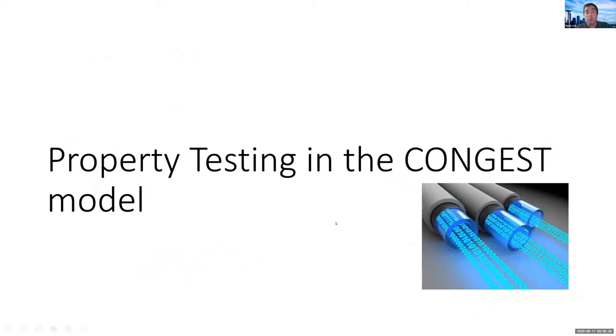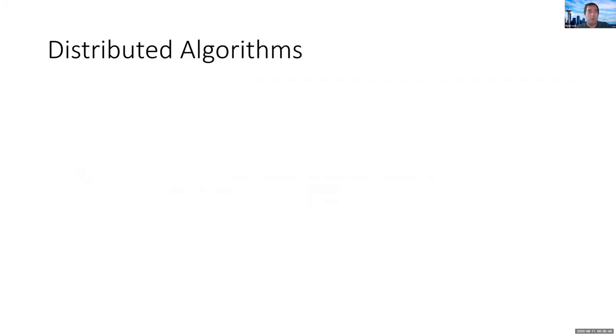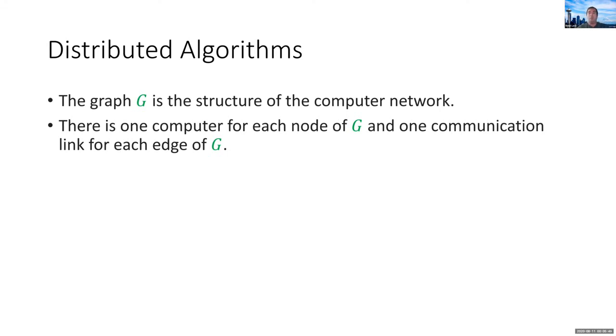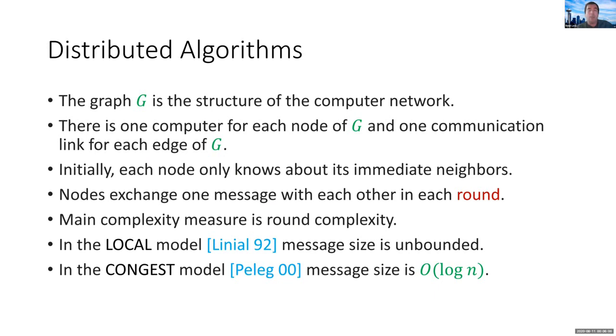So this talk is about property testing in the CONGEST model. So let's have a crash course on distributed models of computation. In these kinds of models, the graph G itself is the network on which the computation takes place. There is one computer for each node of G and one communication link for each edge of G, along which messages are sent. The computation is performed in rounds, and initially each node only knows about its immediate neighbors.